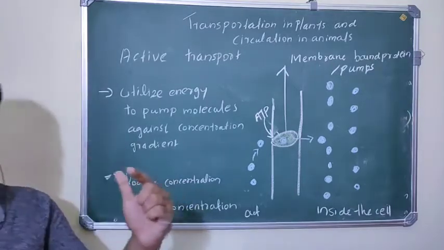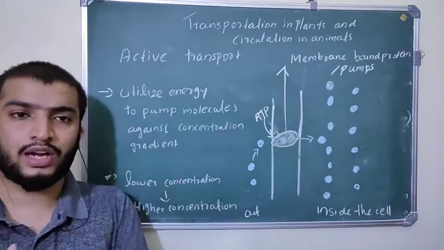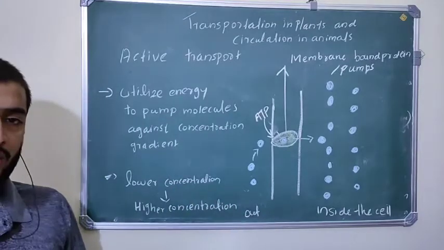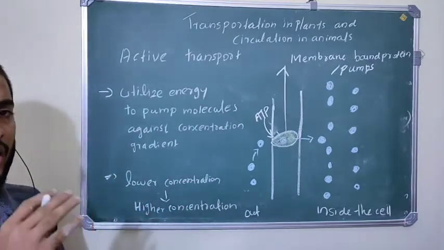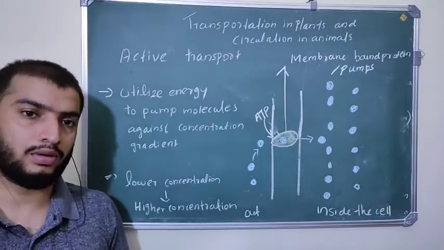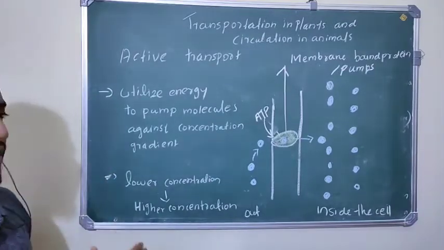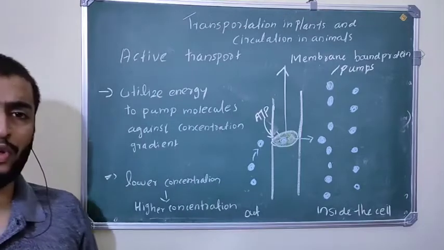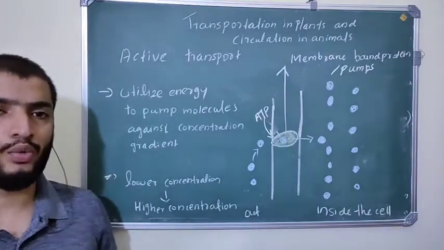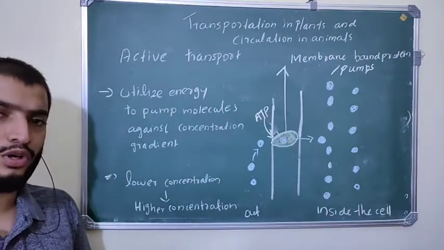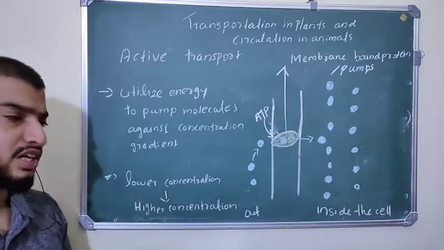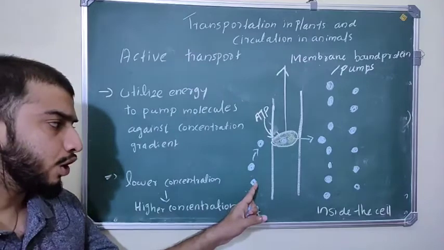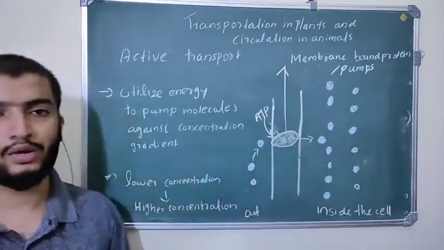So the major difference between active transport and diffusion is that in diffusion, energy is not required for movement of the molecule, and in active transport, energy is required. In diffusion, molecules are transported from higher concentration to lower concentration, but in active transport, molecules are transported from lower concentration to higher concentration.